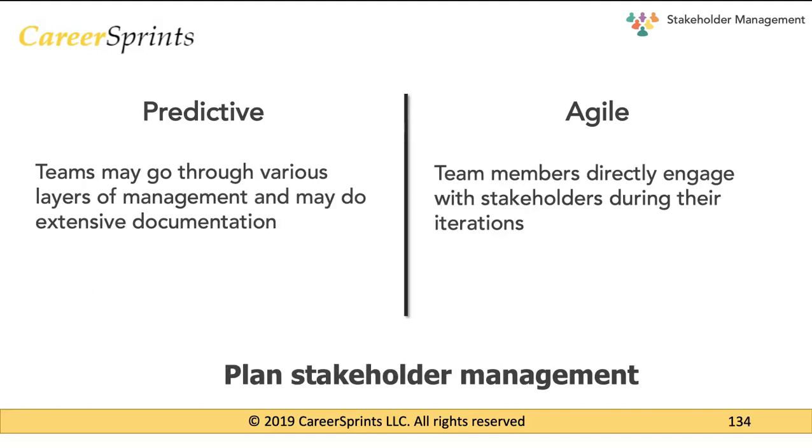Now, the second step or process in stakeholder management, in the world of predictive, is plan stakeholder engagement. This is the process where you produce a stakeholder engagement plan for the project. Now in Agile, stakeholder engagement is a more collaborative process where the teams aren't going through several layers of management to reach the right stakeholders. Instead, team members directly engage with stakeholders during the iterations.